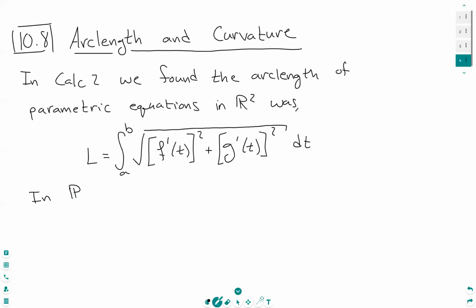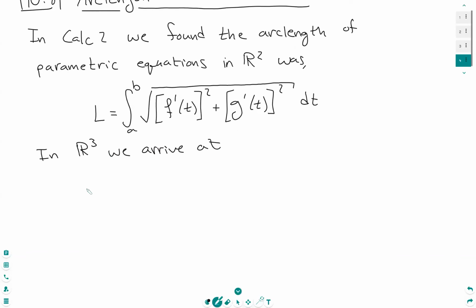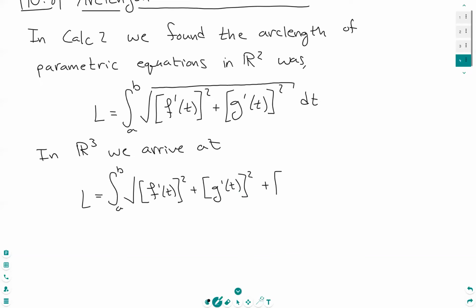In R3, we arrive at L is the integral from a to b, the square root of f prime of t squared plus g prime of t squared plus h prime of t squared dt.